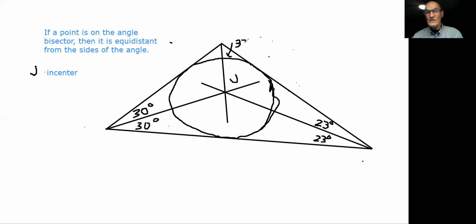Now, say I set up a problem here. I'll go back and do this with a straight line.